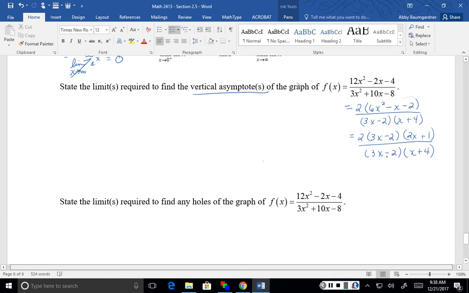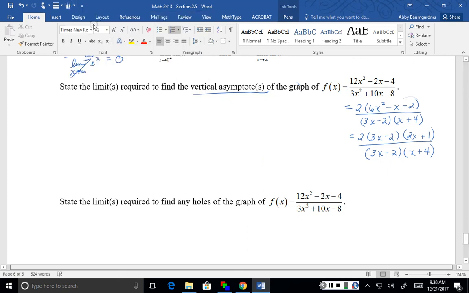I opted for the negative 2 because I already saw that factor down in the denominator and was hoping that these might cancel. Let me make sure this works out. 3x times 1 is 3x. A negative 2 times a 2x gives me negative 4x. That adds up to a negative x, which is what I had in the middle. So yeah, that's the exact factorization.